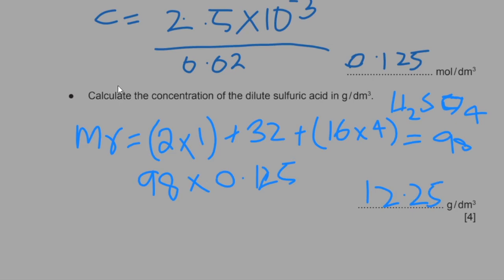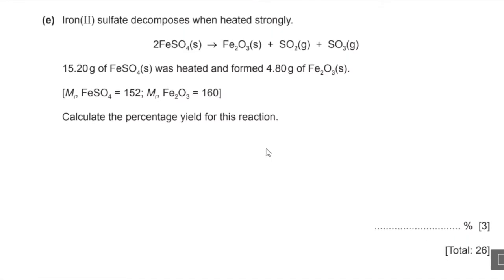grams per dm cube. Iron sulfate decomposes when heated strongly. 15.2 grams of iron sulfate was heated and formed 4.8 grams of the product. Right, so now here you're given the molecular mass of the reactant and the product, and you're supposed to calculate the percentage yield. Percentage yield is concerned with a product, and the main product over here is this compound, since you're given its molecular formula.